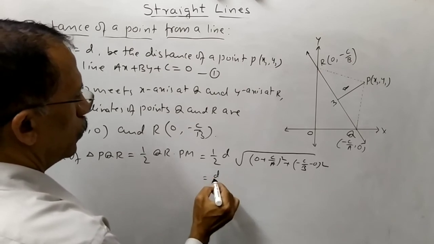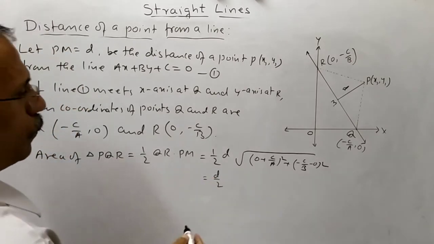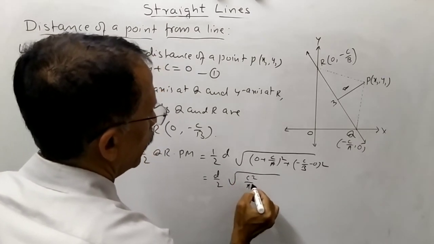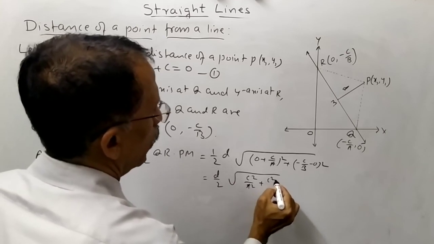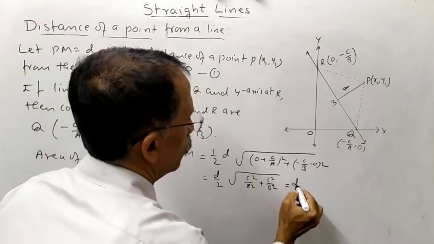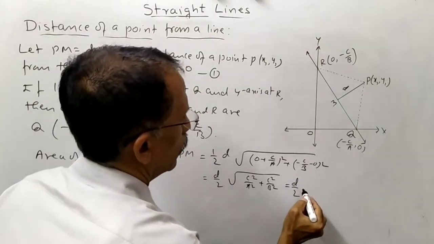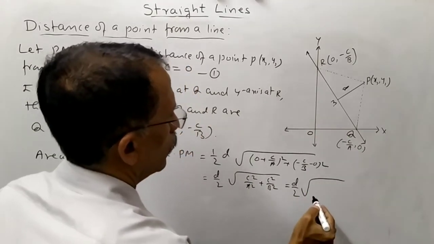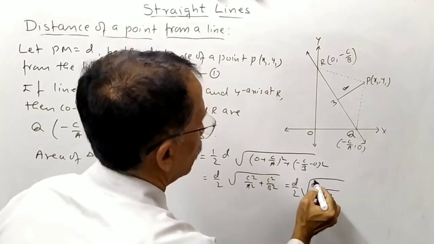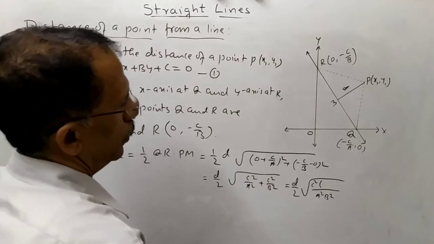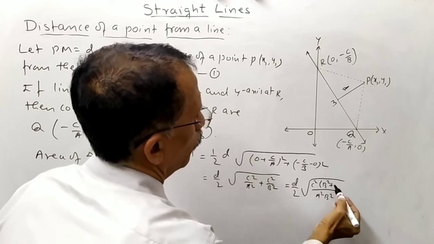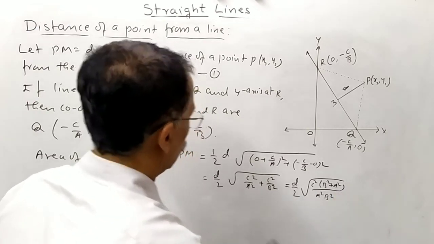This is equal to D by 2 into square root of C square by A square plus C square by B square is equal to D by 2 into square root of, when you take LCM as A square B square, and let us take C square common in the numerator, we will get B square plus A square.